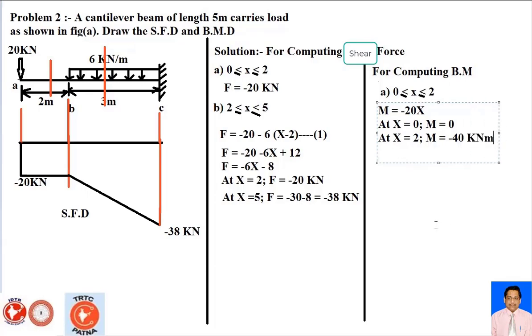That is the first equation. Then after come to the second equation, from B to C, 2 less than or equal to x less than or equal to 5. So our moment is equal to, I will write down here, minus 20x.